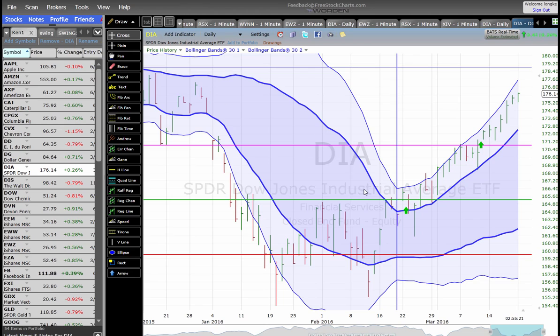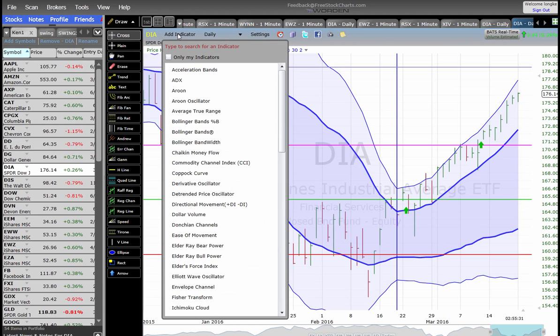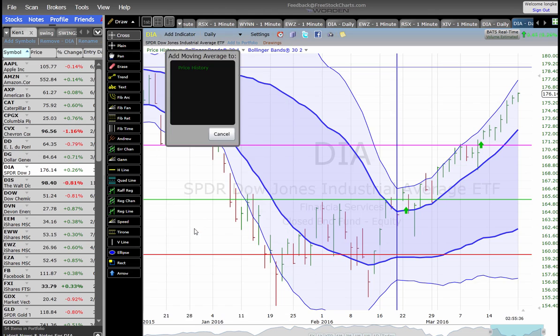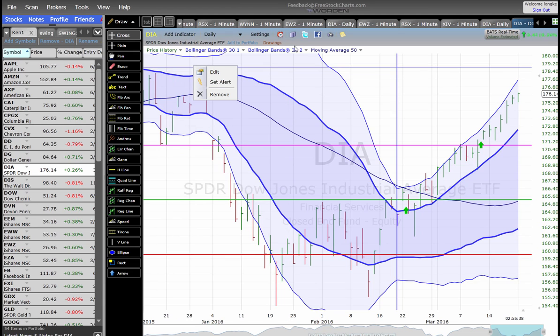So now we have the river and the floodplain. So this is plus or minus 1 standard deviation. This is plus or minus 2 standard deviations. You can see the pinch. Now we're going to add a simple moving average on price. Excuse me.